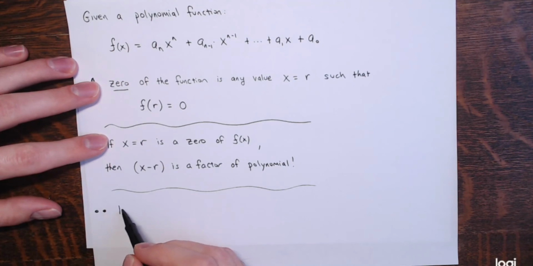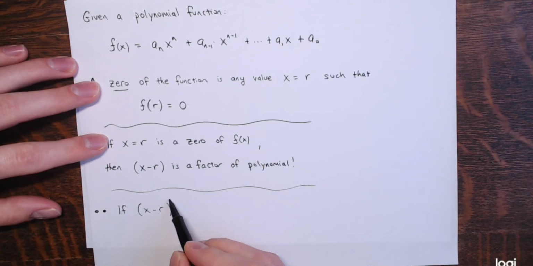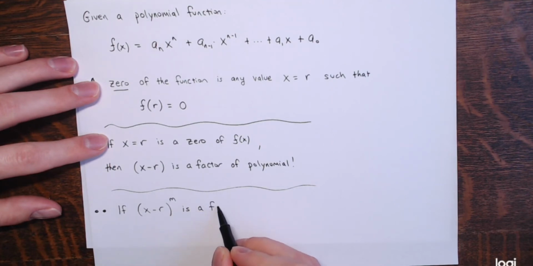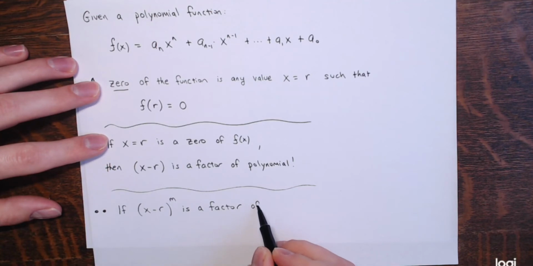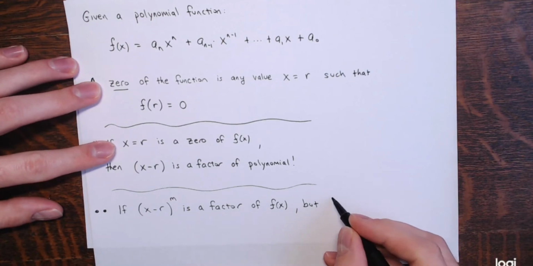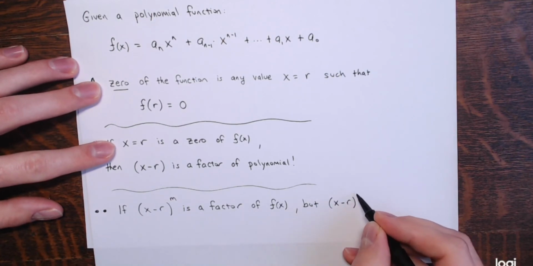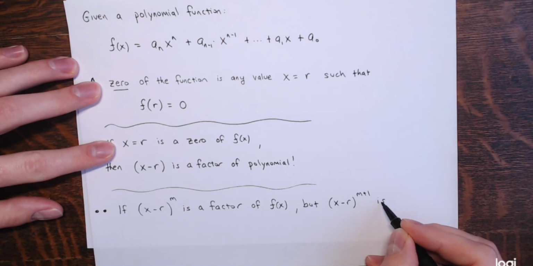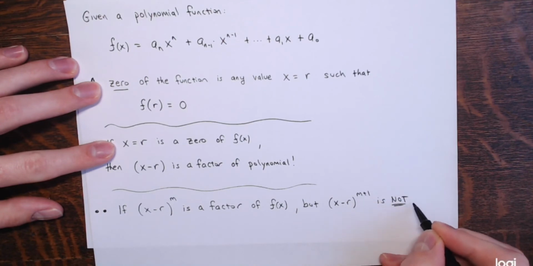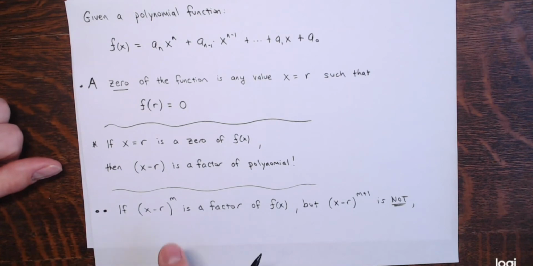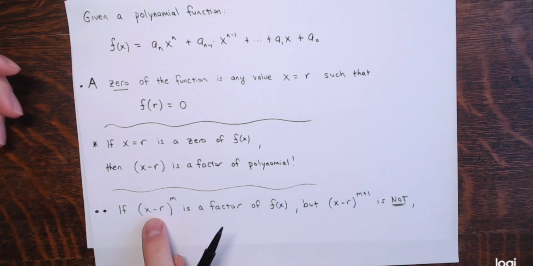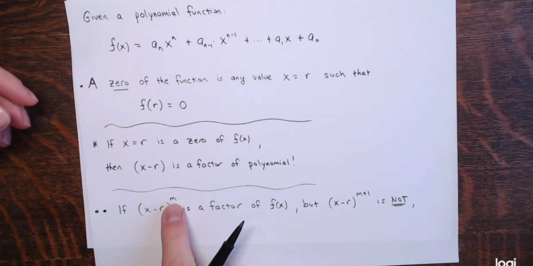So if, say, x minus r to the mth power, where m is some whole number, is a factor of the polynomial, but x minus r to the m plus 1 is not a factor, so basically you have the factor of x minus r m times, but not m plus 1 times.